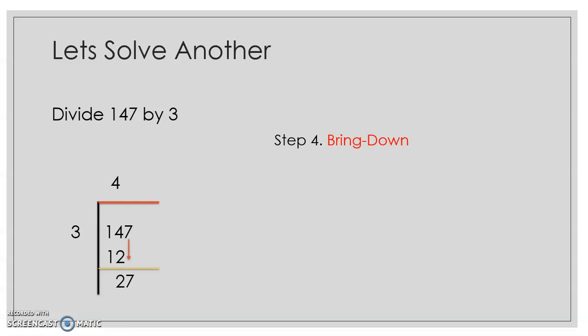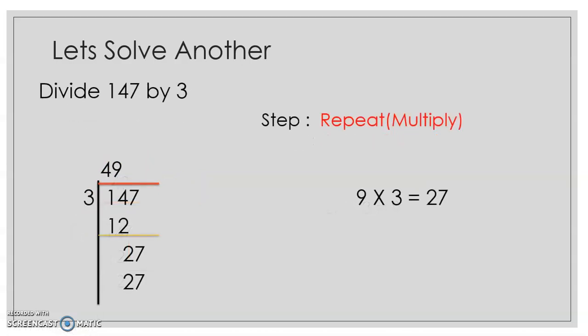Then we repeat. Doing a repeat, we have 27. This 27 divided by 3 gives us 9. This is that 9 there. Remember, previously it was 4. Now it's 49. Next step is to multiply. 9 times 3 is 27.